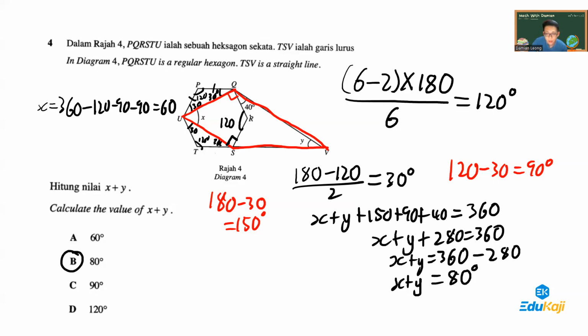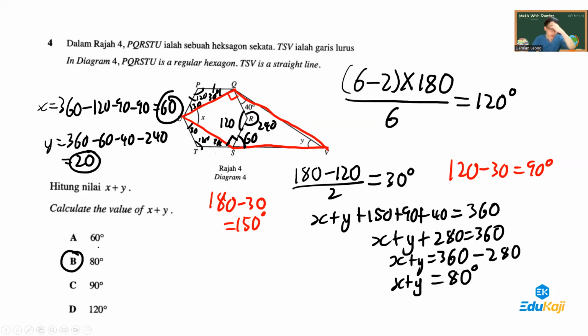And for the y, I have to find this, which is just 180 minus 120, 60 here. And this one, 360 minus 120, 240. So y is 360 minus 60 minus 40 minus 240, which is 20. Then x plus y, 60 plus 20, will also give you 80.